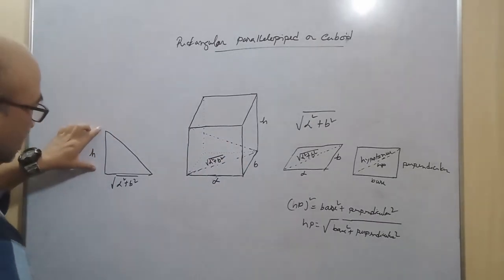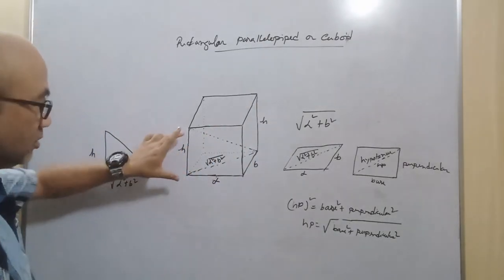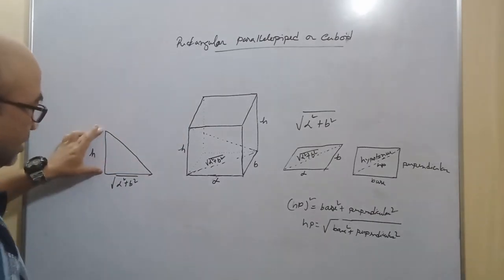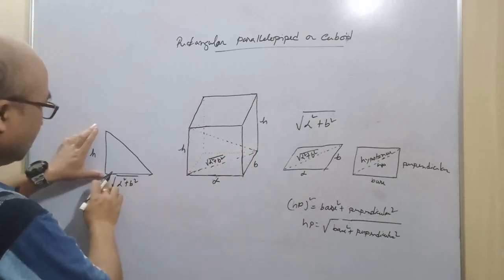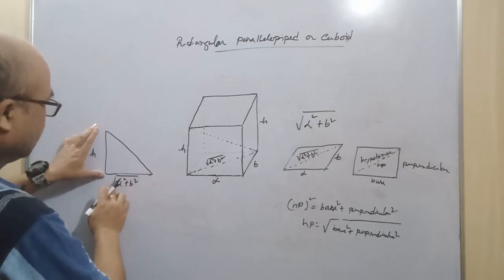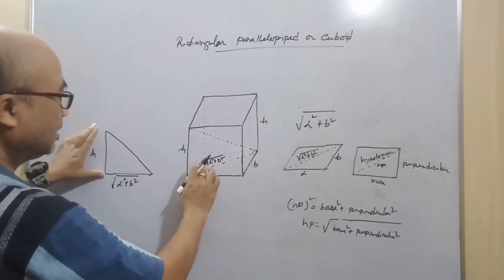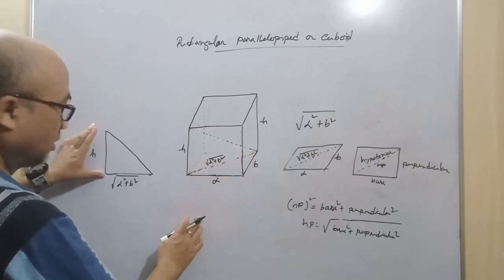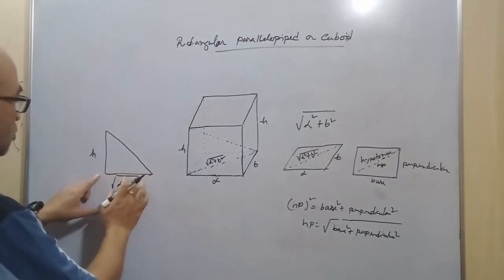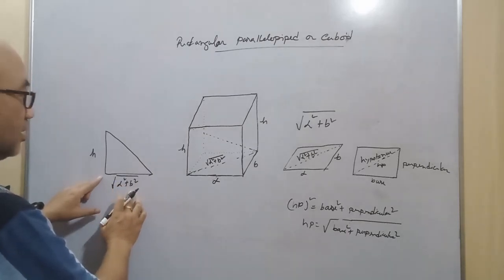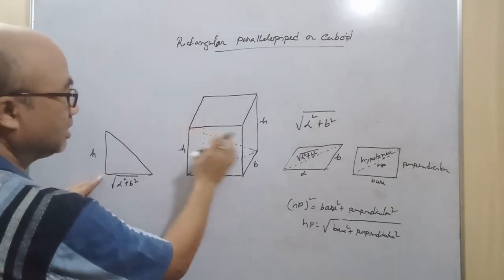This is the height, and the same height we get here also. And this diagonal at the base, from here to here, is square root of L square plus B square, because this is L and this is B. So the value of this side is square root of L square plus B square. Then we have to find the measurement of this diagonal from here to here.